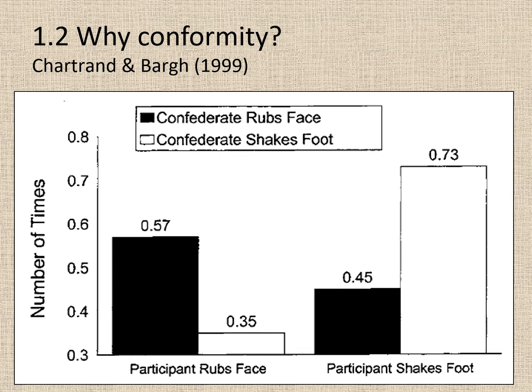So the foot shaking and the face rubbing is to some degree copied by the real subjects. Again, the real subjects are interviewed afterwards. They're not aware that they're sitting there shaking their foot or rubbing their face. But it can be shown with data that that is what happens here.